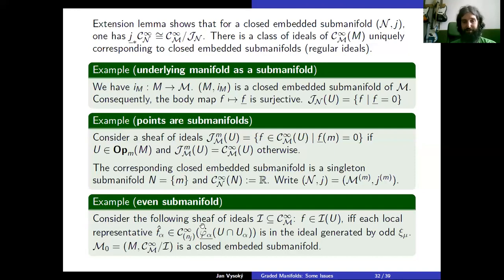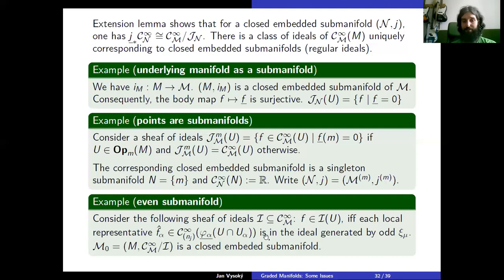So I consider the following sheaf of ideals. I say that a function is a section of my ideal over U if all the local representatives of my function, which basically means I simply restrict my F to some chart and map it using the chart to a graded domain, lie in the ideal. In the graded domain, this local representative is a section of the graded domain over this open subset.